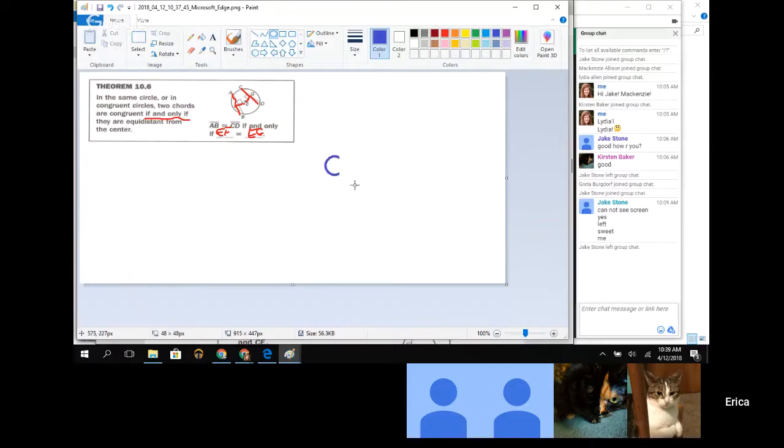Okay, I've got a circle. I'm going to draw a chord here. Doesn't really matter where. I have the center of my circle. So what this says is two chords are congruent if and only if they are equal distance from the center.